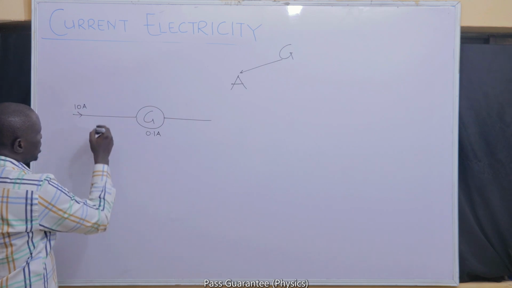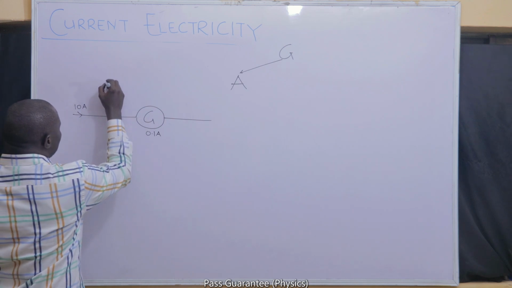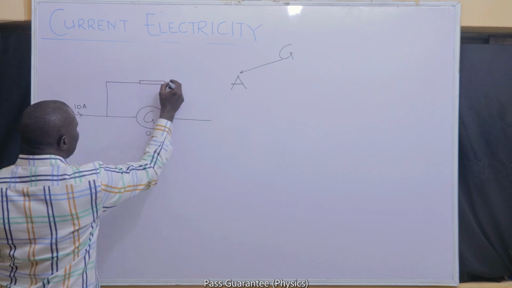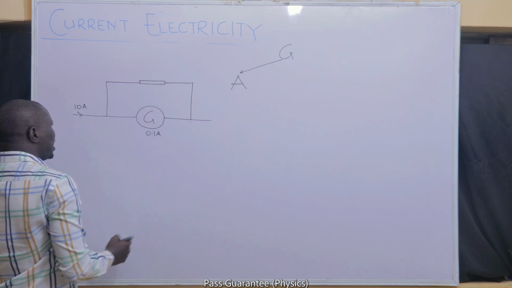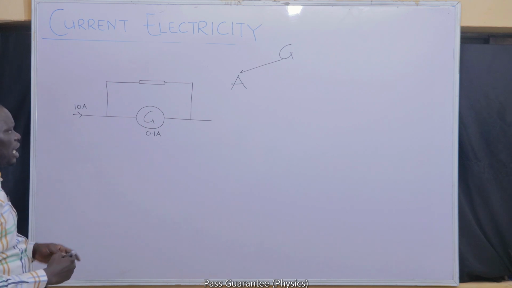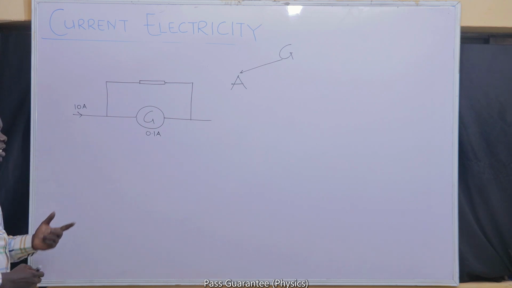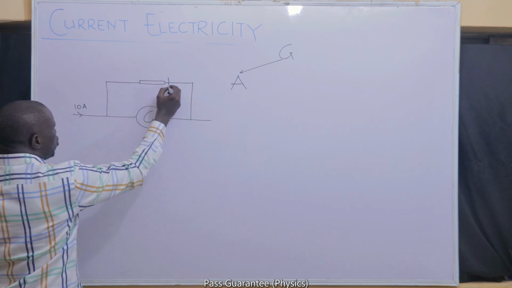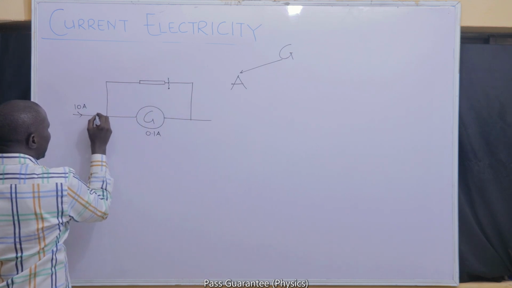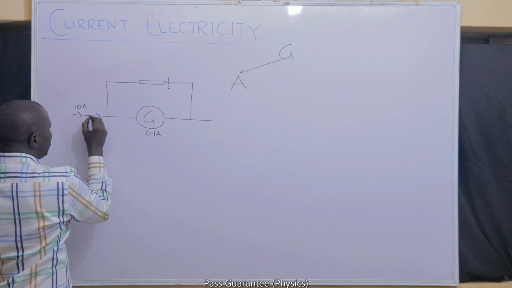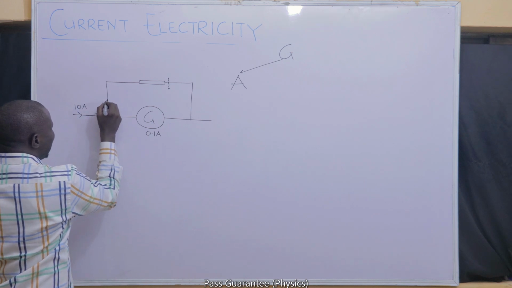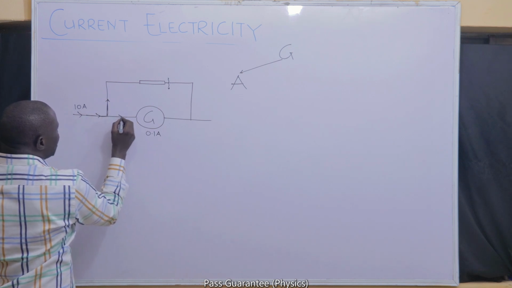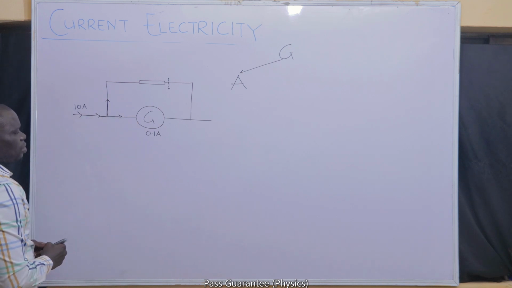So what we will do in this case is we'll connect a low resistance material in parallel to it. We'll expect that it should be a material whose resistance will be so low that when this 10 amperes gets to this junction, much of it, the excess current, will be diverted through it, and only the maximum current that this galvanometer can measure will be allowed to pass through.